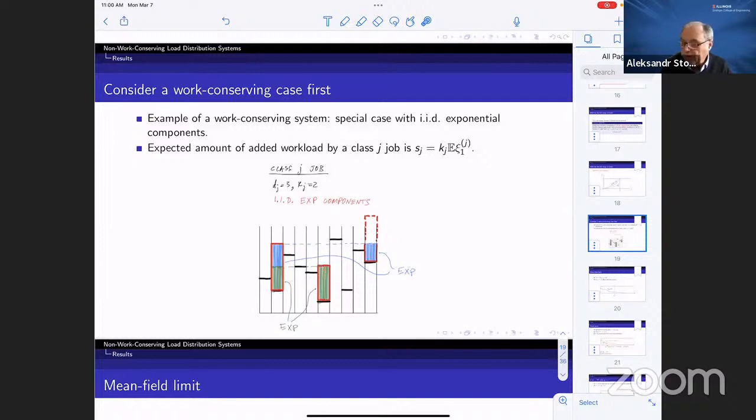And the additional amount of work brought until the second completion will also be exponential, independent of the first. We can check that. That was actually observed in the previous paper with Sevashner. So this is a work-conserving system, and you know that the total amount of workload brought by class j is this, no matter what.